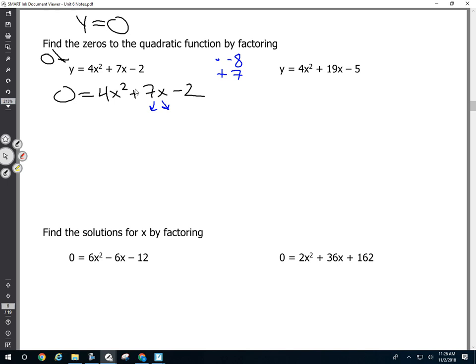Rewrite your middle term using those two numbers. Factor by grouping.